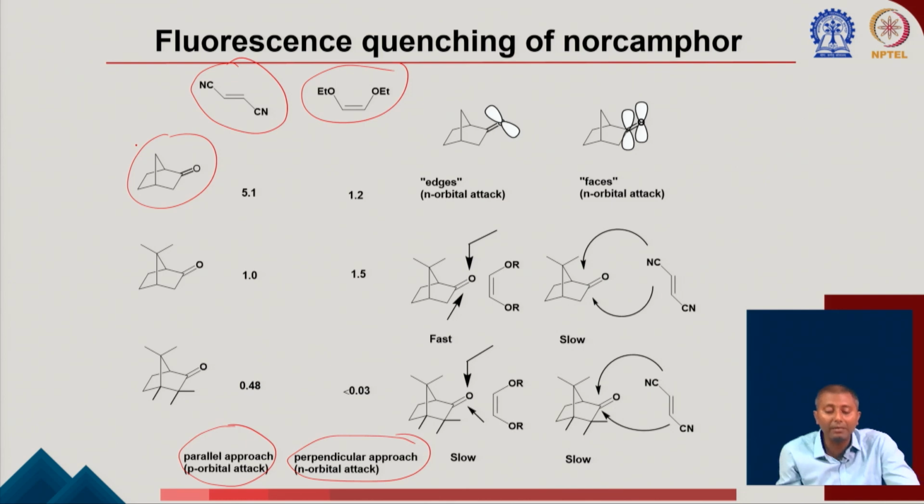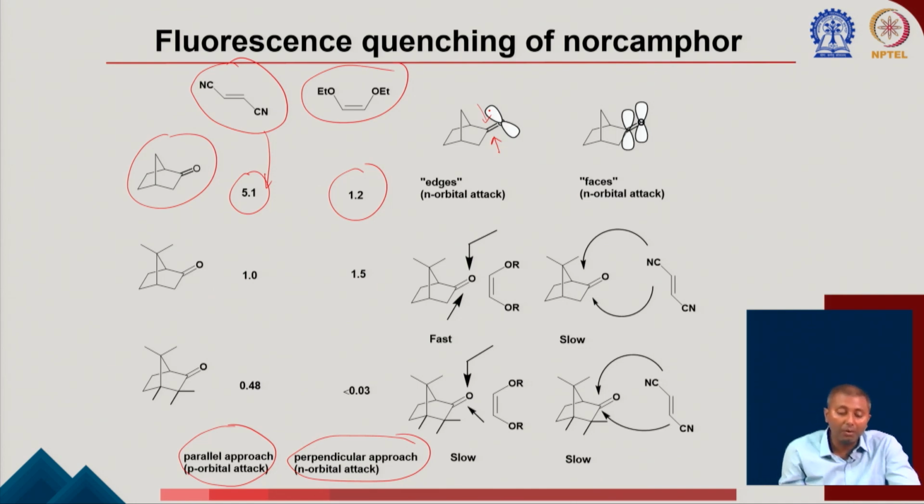Here we see the quenching is higher in the dicyano compound compared to the one with two OEt groups, because the carbonyl can come from up or down, which happens very comfortably compared to the facial approach.